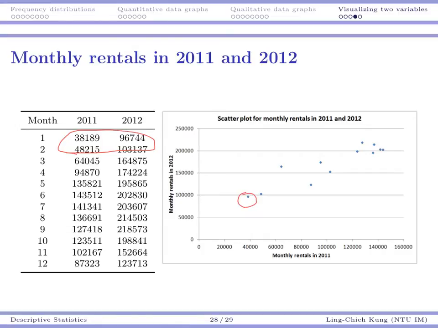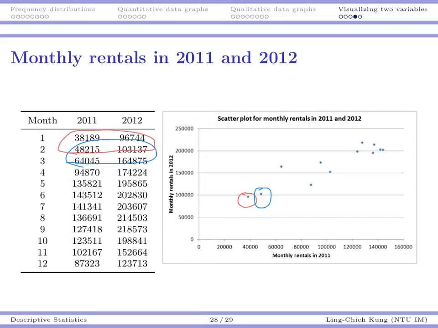For February we have around 5,000 and around again 100,000, so it's this point, and so on. All you need to do is to plot each of these points onto this plot, and then you will get a scatter plot.